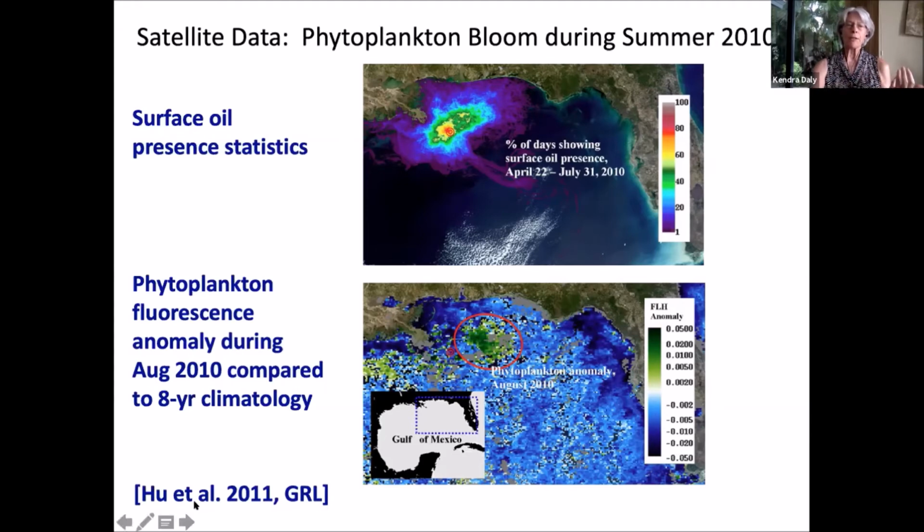And so Chuanmin Hu and his group, I was a co-author on the paper, went through all of the different arguments for what might have caused this anomaly. And ultimately, while river flow certainly contributed to it, it didn't seem to explain all of the factors that contributed to this anomaly.